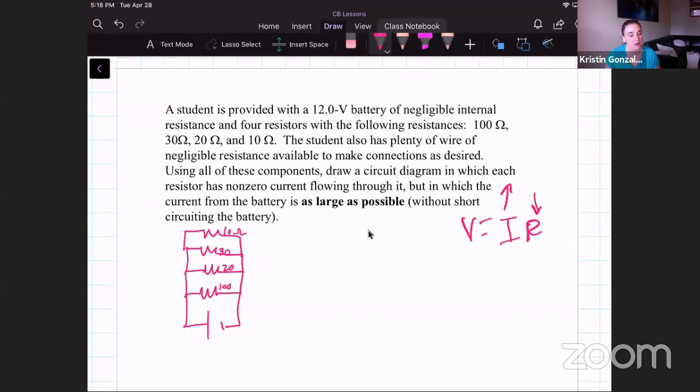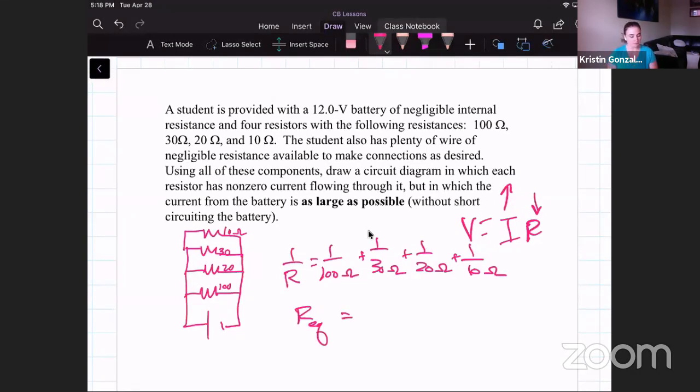But if we now find our equivalent resistance, remember we combine those resistors in parallel by adding their inverses. So if we did that and found that equivalent resistance, then we get that it's only 5.2 ohms.